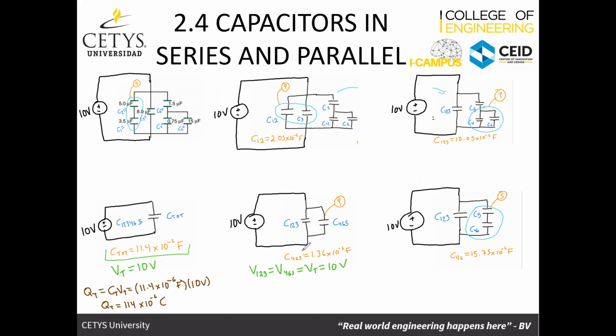And why did we move a step back and choose the 1,2,3 and the 4,6,5? Because remember that when we calculated the total capacitance, we were going from here to here to here, and we were reducing. So now we're unraveling and going backwards. This capacitor here, how did I create it?